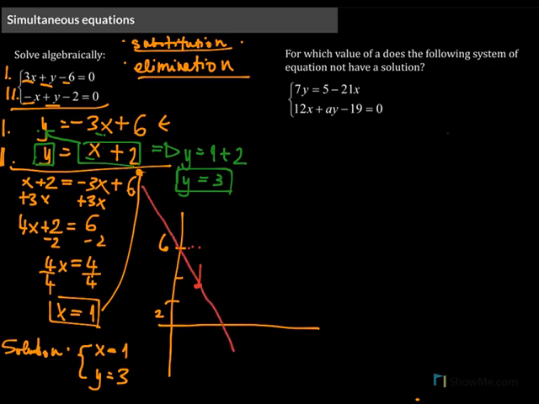So this is my first line, and now the second line. It crosses the y-axis at 2 and the slope is 1, so for every 1 step to the right I go 1 up.